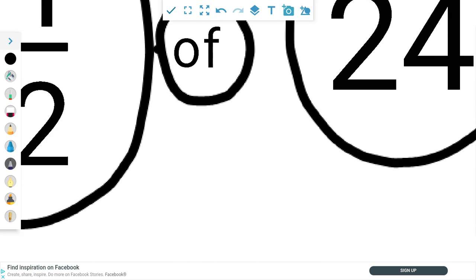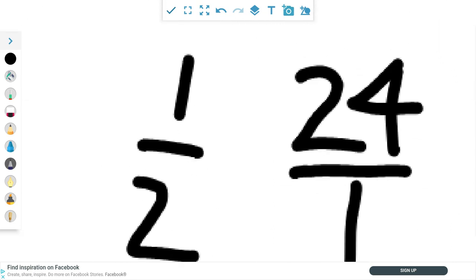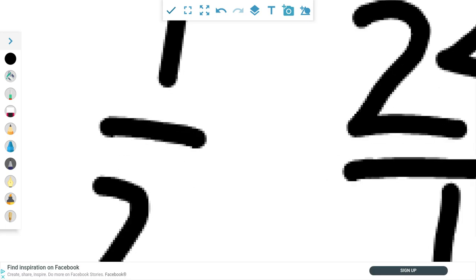But in math, if you forgot like me, of actually means multiplication. So we put our times symbol right there, or our multiplying sign. Wait a minute. What is that? That looks like a decimal dot.